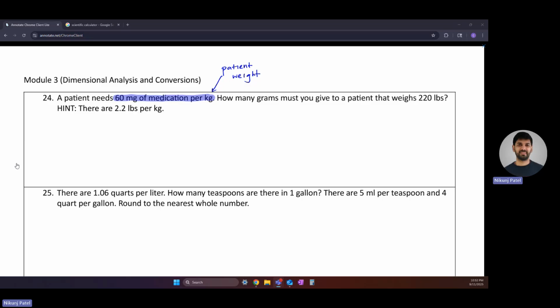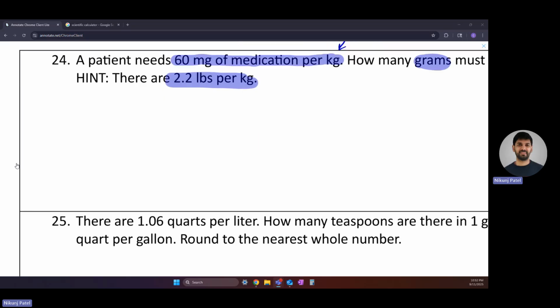So a couple more things to highlight here is the word grams, and the patient's weight is given to us in pounds. We also have this other conversion factor right here, 2.2 pounds per kilogram. So before we start with our dimensional analysis process, it's helpful to write out the different steps and conversion factors that you have given to you in the question.